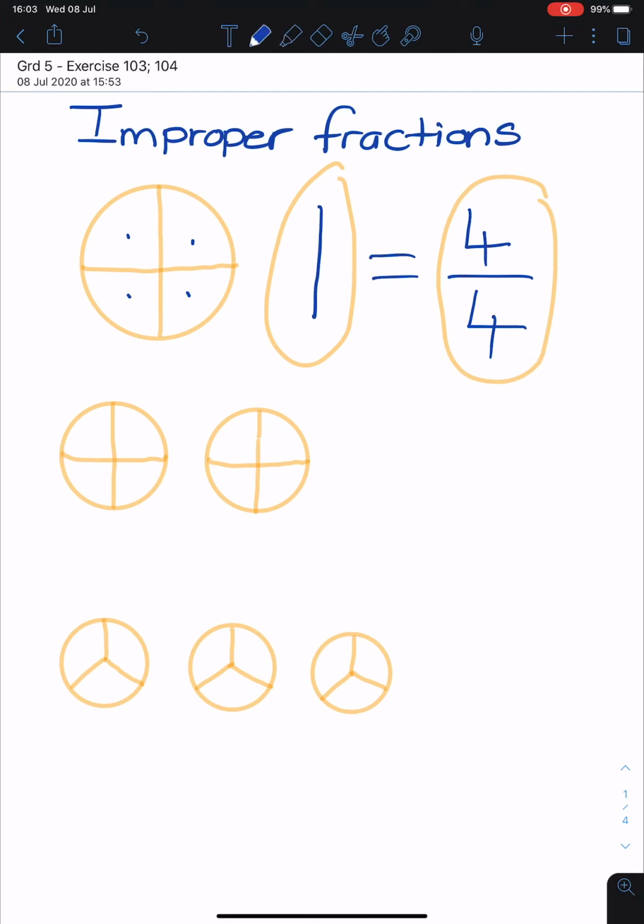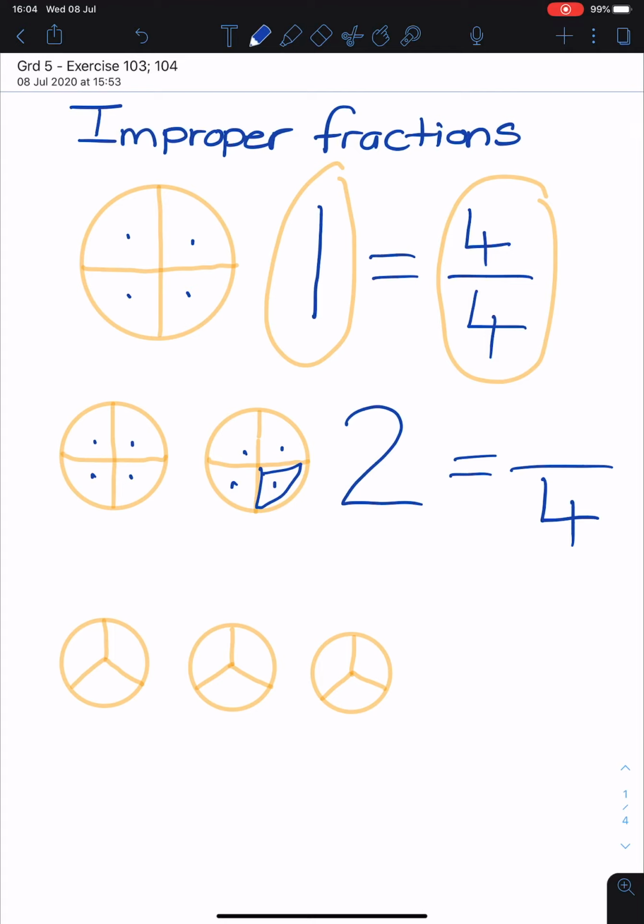If we look at my next 2 pizzas, I have got 2 whole pizzas. What have I cut them into? I've cut them into quarters. 1, 2, 3, 4. 1, 2, 3, 4. So my denominator will be a 4 because each slice of pizza is a quarter.